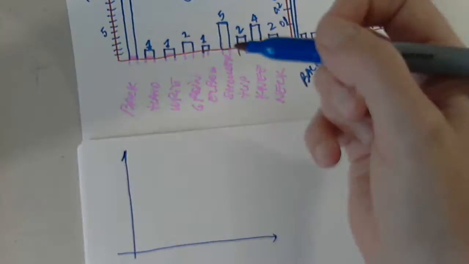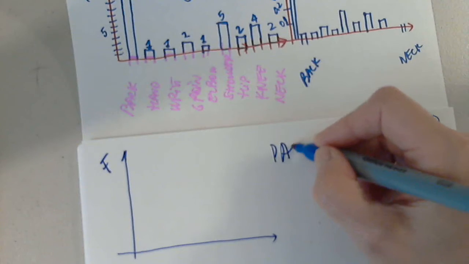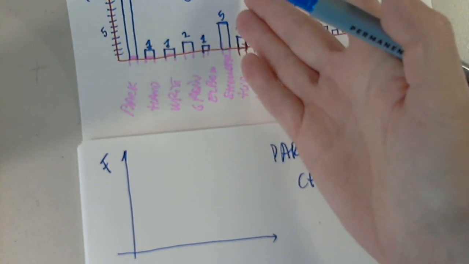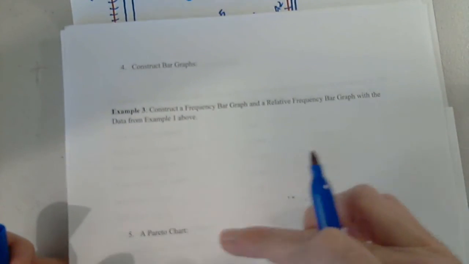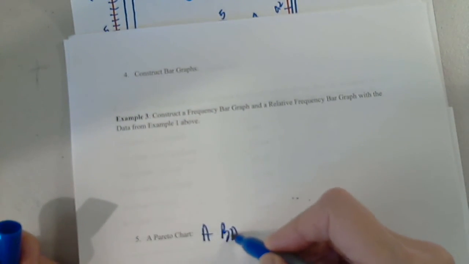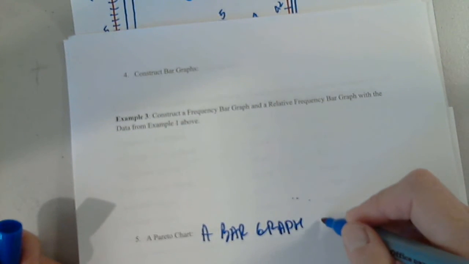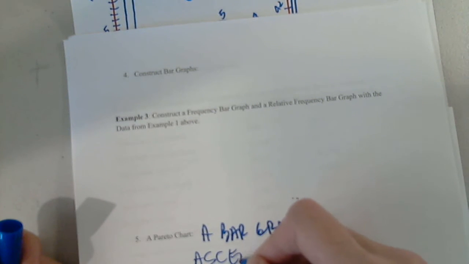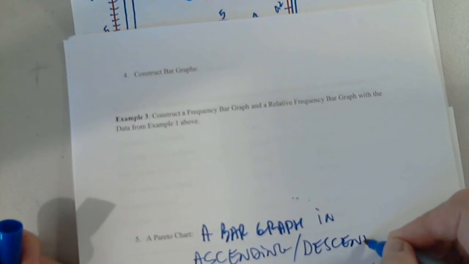Okay, so in our case, let's just do the frequency. A Pareto chart is a bar graph. So let's put it in. What is a Pareto chart? It's a bar graph in ascending or descending order.